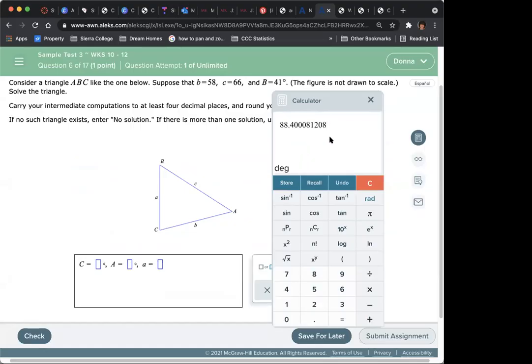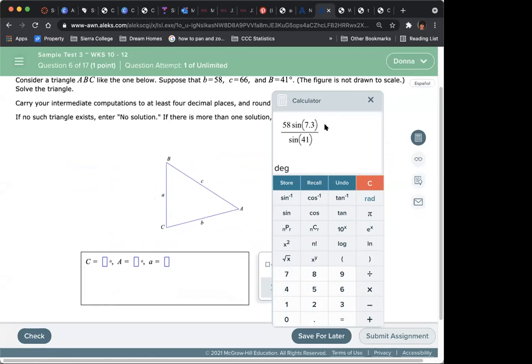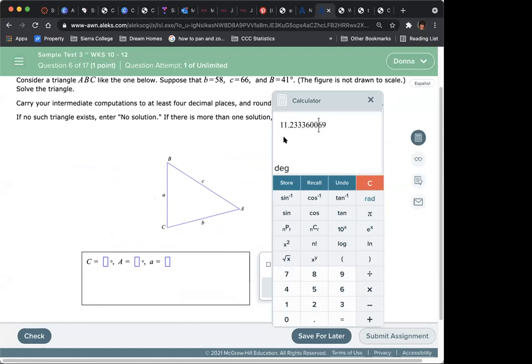And this is the cool thing about using the Alex calculator. If you hit the undo button, the only thing that's changed is that instead of 58 sine of 90.7, the inside is going to be the new angle 7.3. So you just replace it. You don't have to type all that stuff back in. And so you get 11.2 when you round to 1 decimal place.